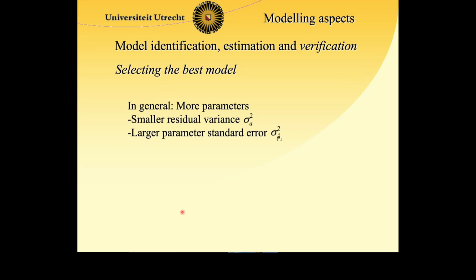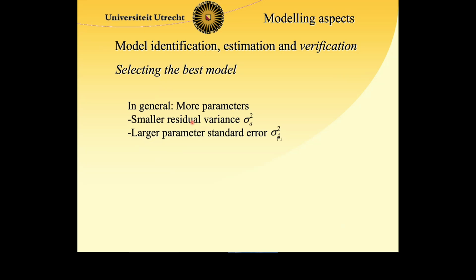Now, in general, if you use more model parameters, or a richer model, it would fit your observed data set better, because you have more degrees of freedom to fit the model to. And the residual error variance is going to be smaller. But of course, you're also going to have more parameters that you have to fit, and these parameters are also fitted with some degree of error.